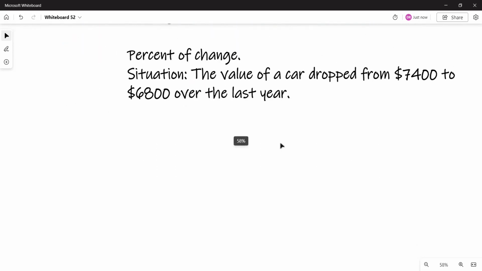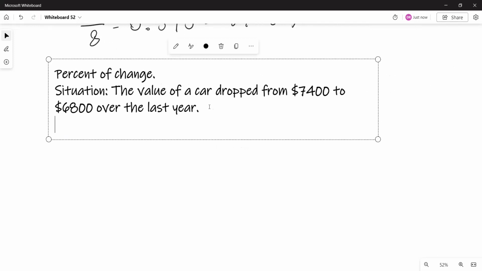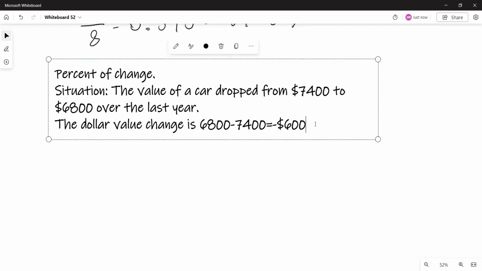So the dollar value change is a decrease of $600. That was 6,800 minus 7,400, which is minus 600. The value of the car dropped, so it's negative.